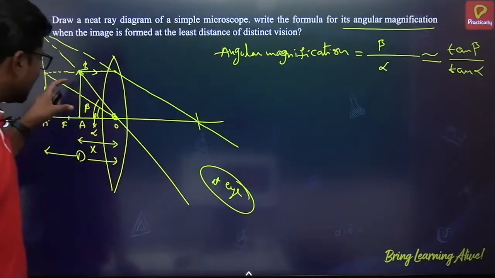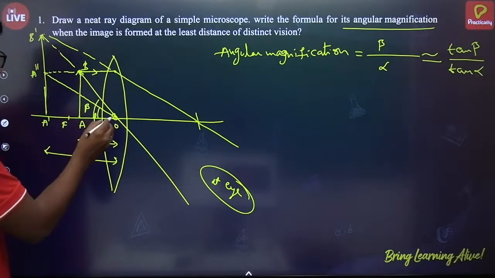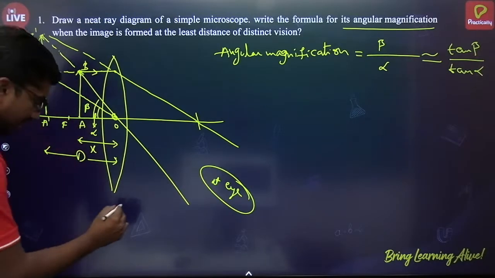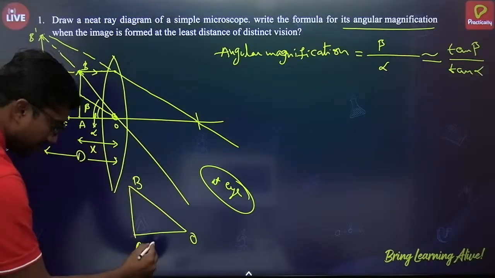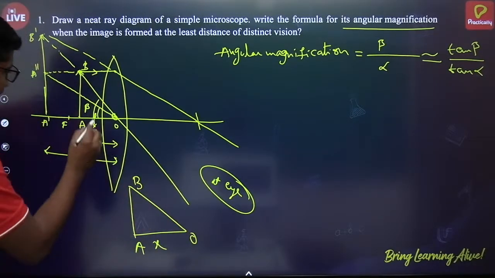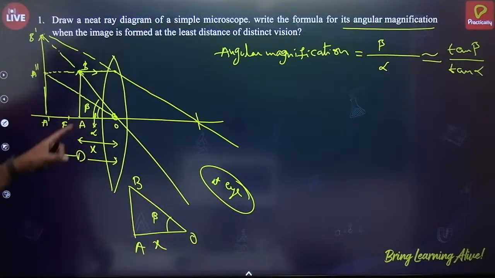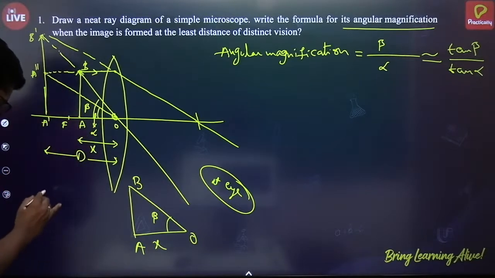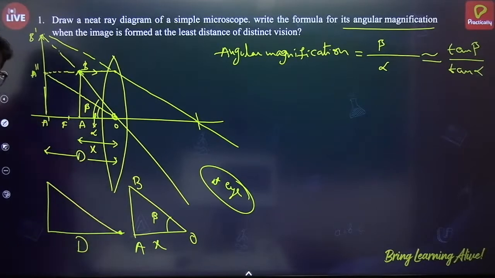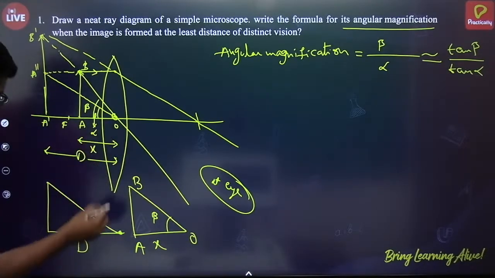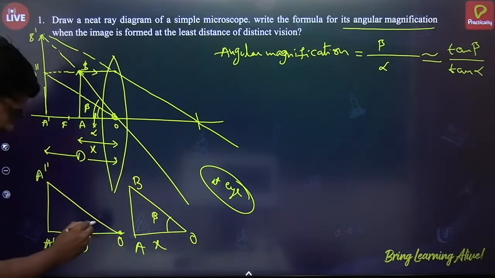If you look at these triangles once again, there are two triangles which you can see here. One is triangle OAB, which has side x, and this angle is beta. Another triangle is with respect to the least distance of distinct vision, that is D here, O, A dash, A double dash, and this is alpha.